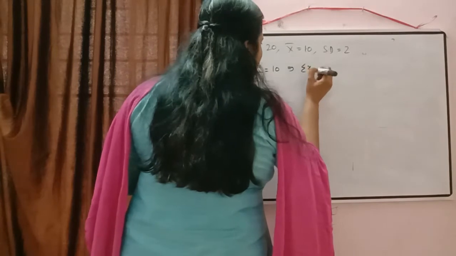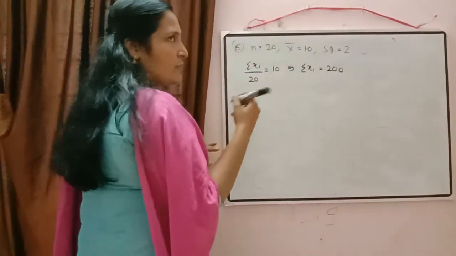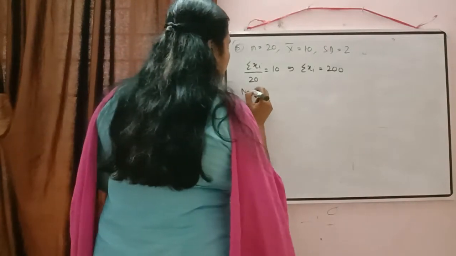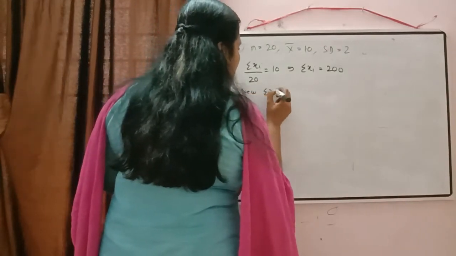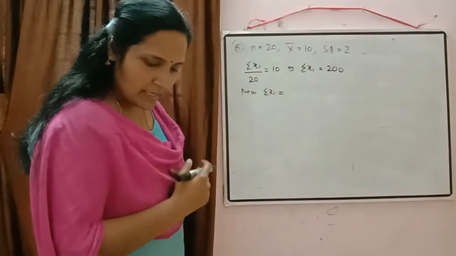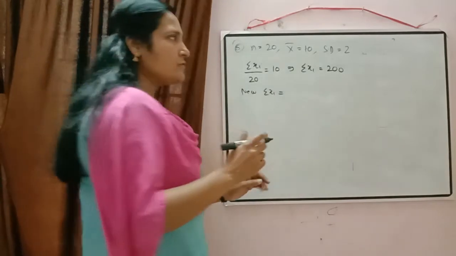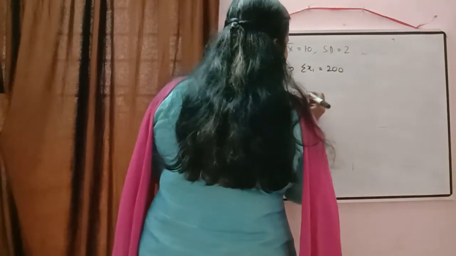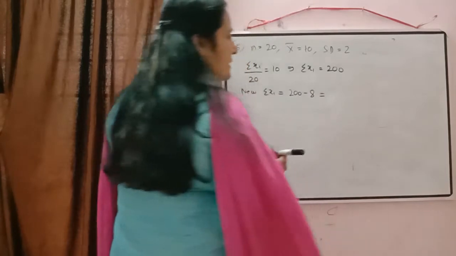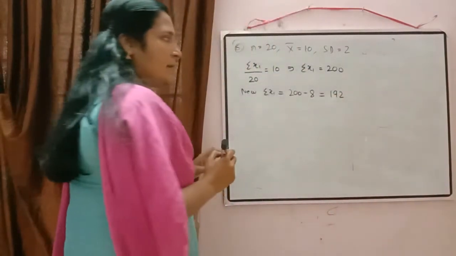So from here we will get sigma xi is equal to 200. Now we are removing the incorrect observation, so we'll write down what will be the new value of sigma xi. We removed the number 8, so obviously from the total we have to subtract 8. So it will be 200 minus 8, which is equal to 192.